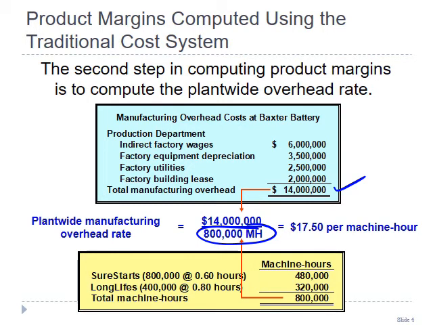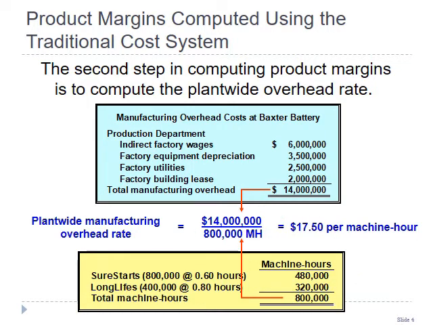The question mentioned that it takes 0.6 hours to make one Short Start. So 800,000 units are sold. 800,000 multiplied by 0.6, answer is 480,000. Long Life is 320,000, so a total of 800,000 machine hours are used. So the answer would be 17.5 per machine hour, right?